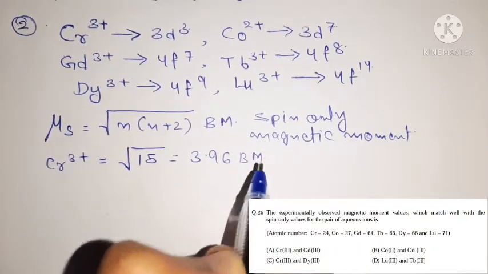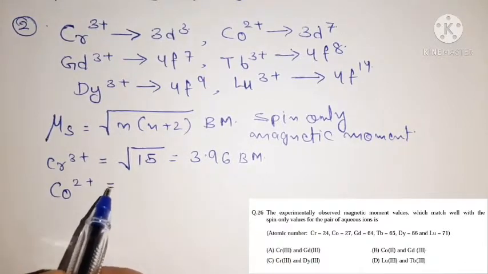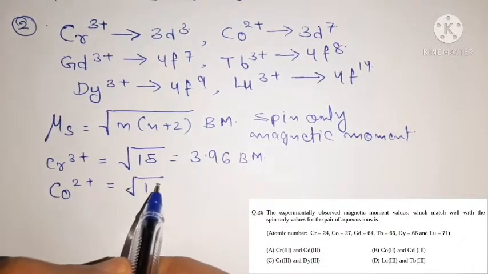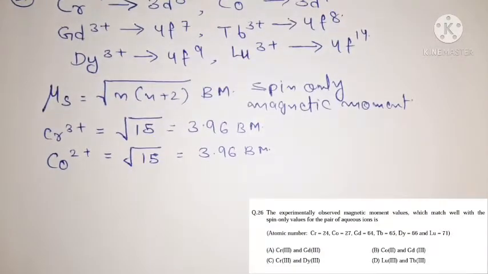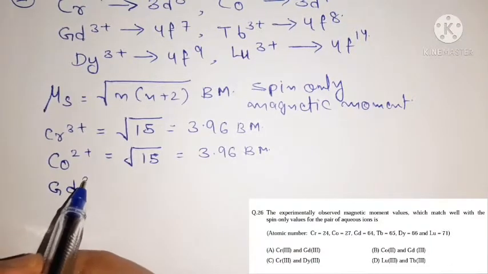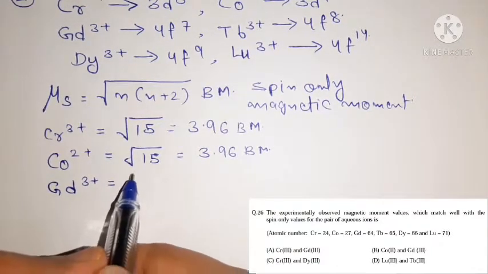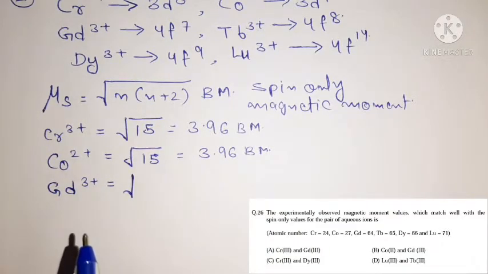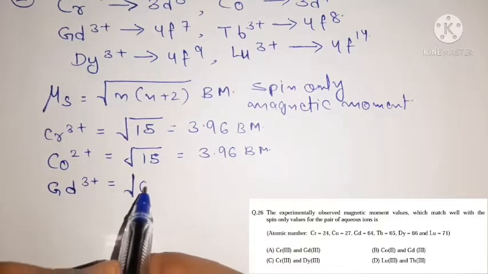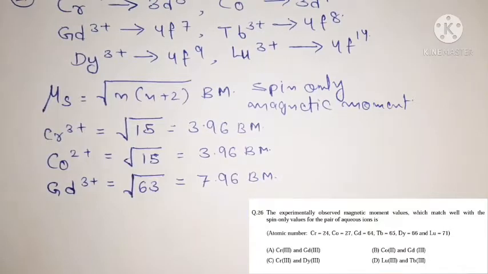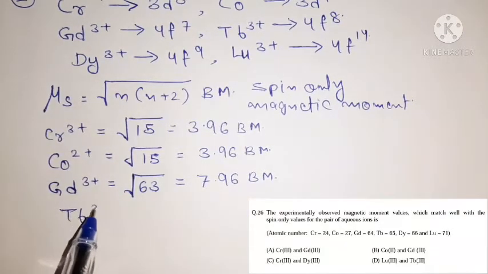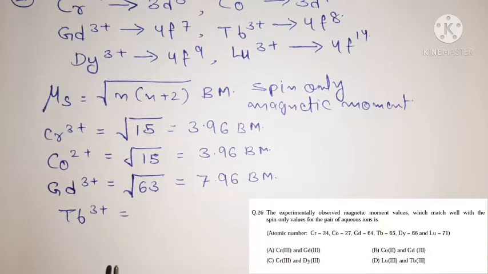Okay, in cobalt 2 plus we also have 3 unpaired electrons, so its value will also be 3.96 Bohr magneton. Now in gadolinium 3 plus, the number of unpaired electrons will be 7. So its value of mu will be under root 63, that is 7.96 Bohr magneton. In terbium 3 plus the number of unpaired electrons will be 6.